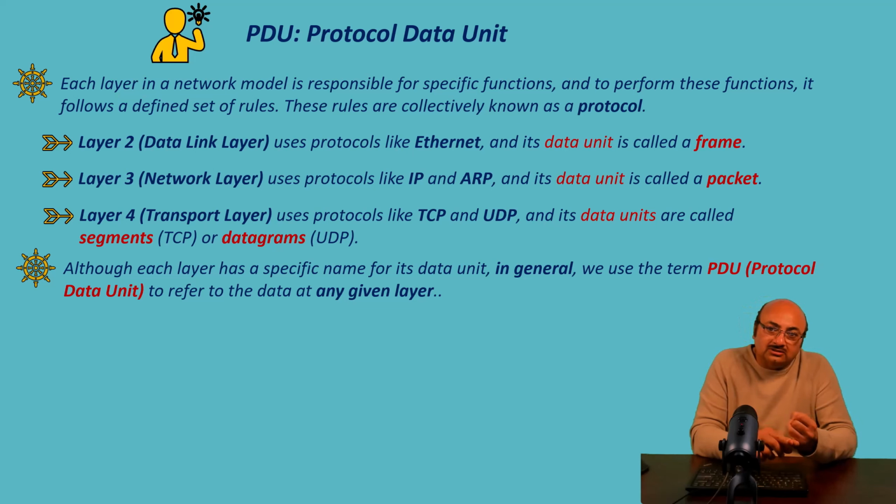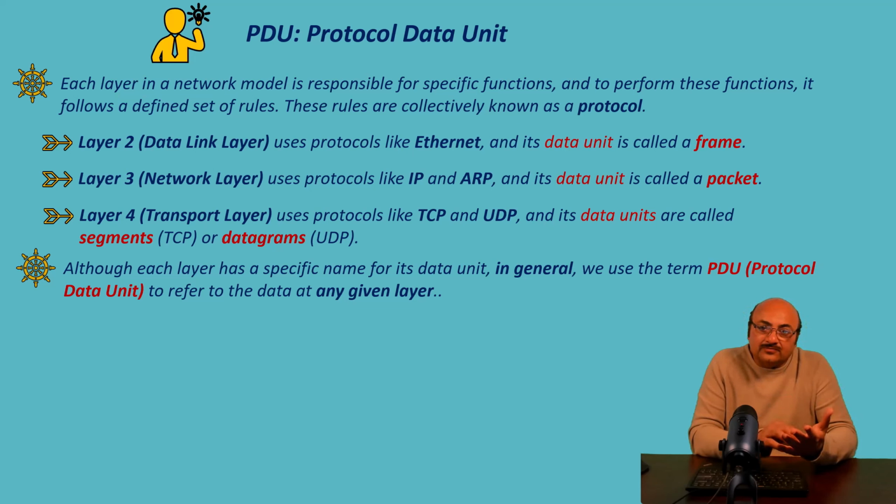For layer 3, that is the network layer, we have protocols like IP and ARP, and the data unit for these are known as packet. At layer 4, that is the transport layer, we have protocols like TCP and UDP, and the data units for these are known as segments or datagram.